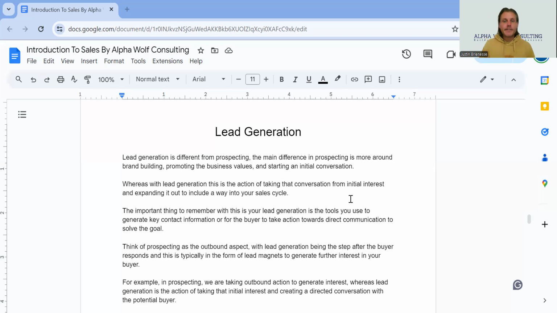An important difference between prospecting and lead generation is the act where we're giving initial value to a potential buyer that interests them and shows them that our product, service, or offer can get them from point A to point B. Point A being where they don't really understand who we are, what we do, how we help them, and taking them to point B where they understand exactly how we're able to help them achieve the goals they want to achieve or overcome challenges or situations that they want to overcome.